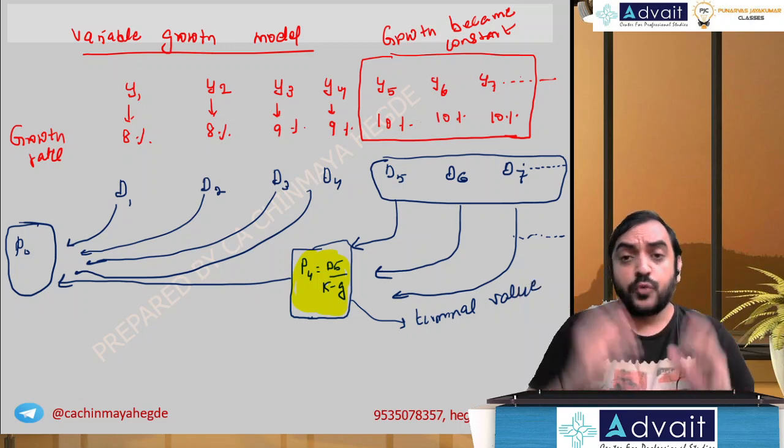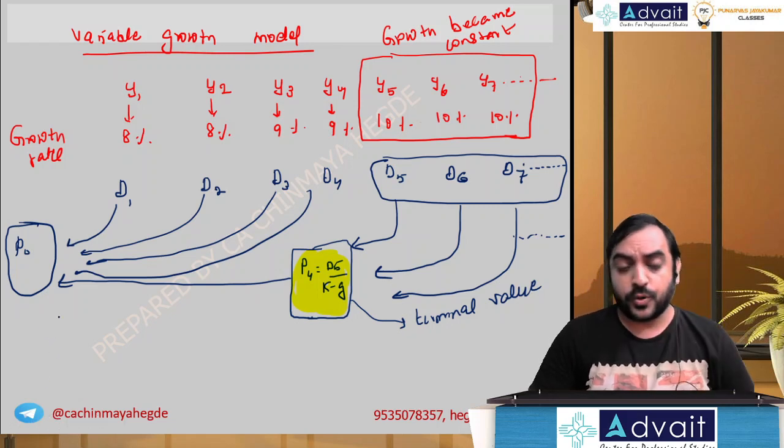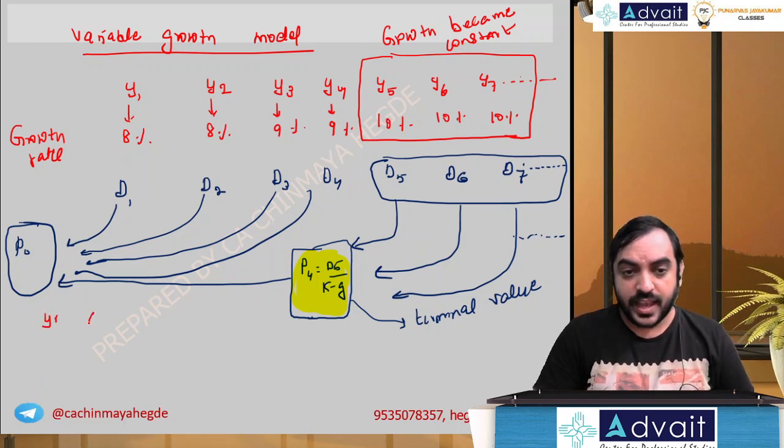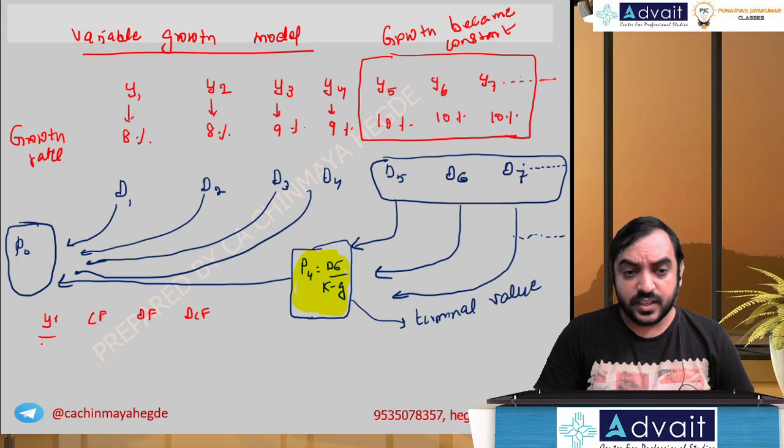This is the visual representation. In examinations, we follow the tabulation approach. In tabulation, we write year, cash flow, discounting factor, discounted cash flow. Here we write year 1, 2, 3, 4, 5 onwards.